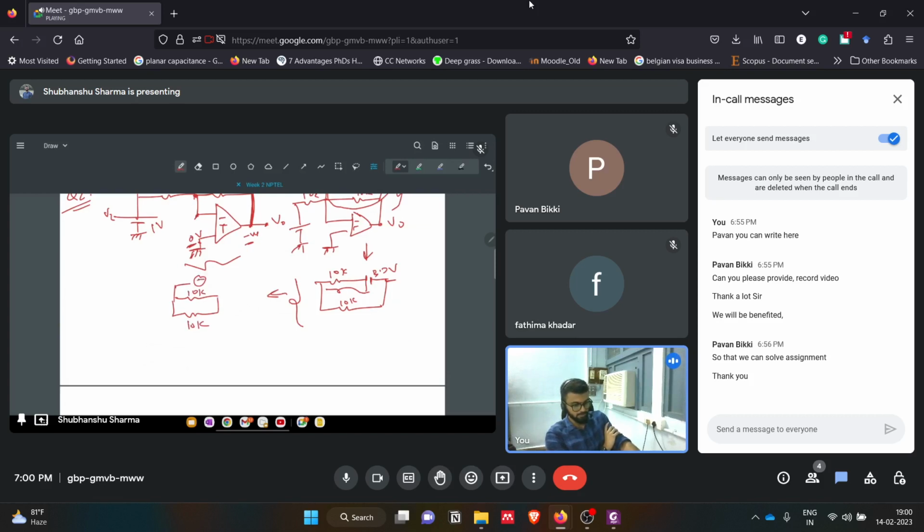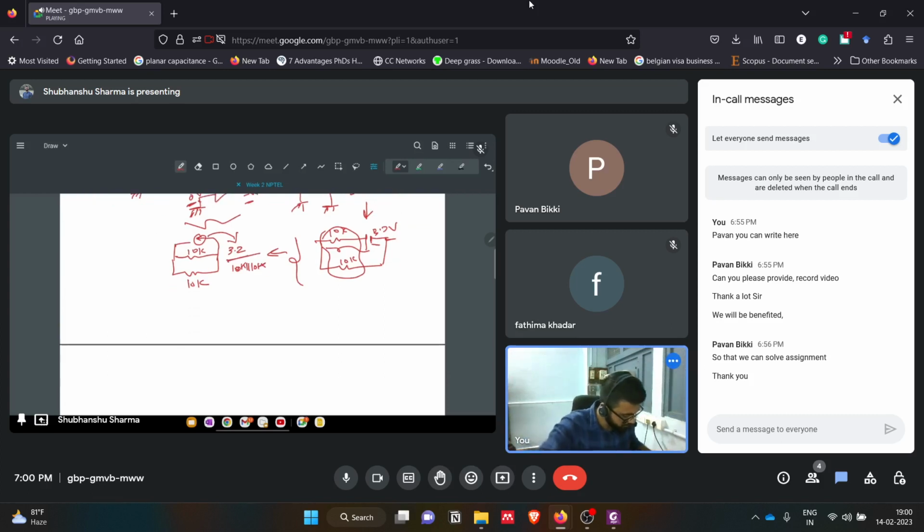The value of this current is 3.2 divided by the parallel combination of these two resistors, 10k parallel to 10k.